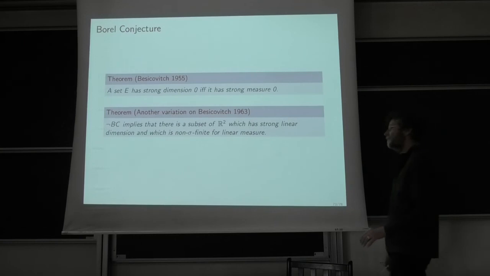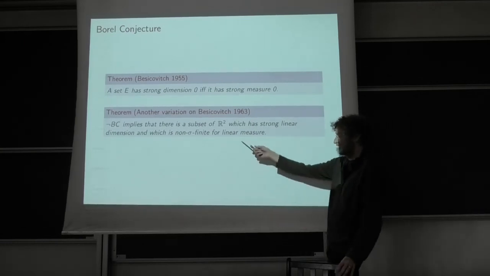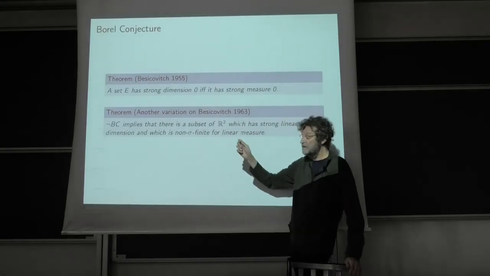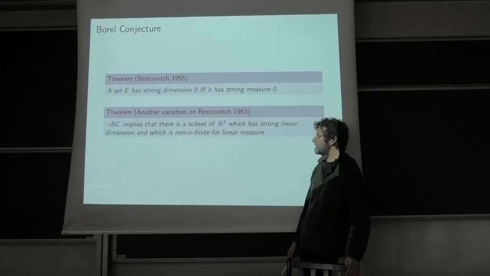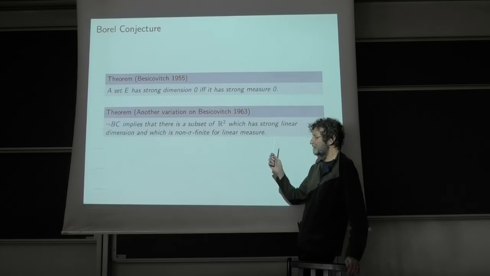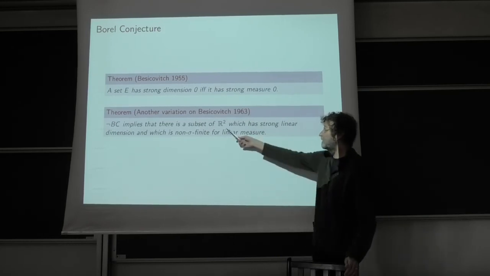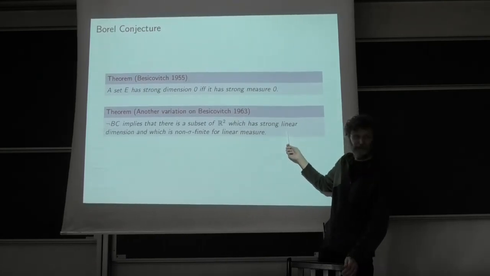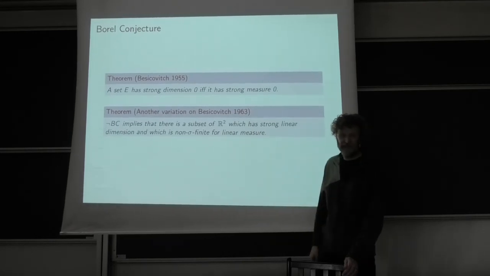However, there's a different connection. This says if the Borel conjecture fails, if there is an uncountable set of strong measure zero, then there is a subset of the real plane which has strong linear dimension and is non-sigma finite for linear measure.